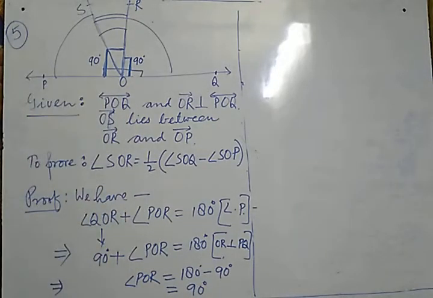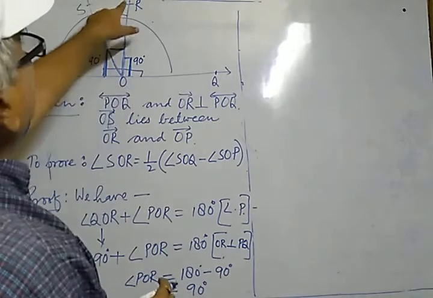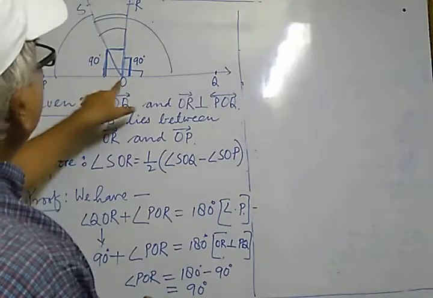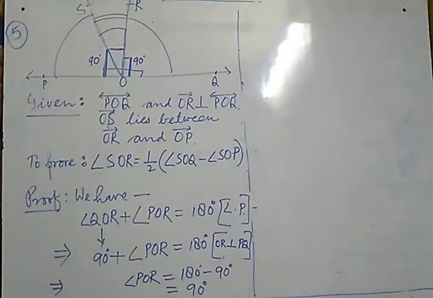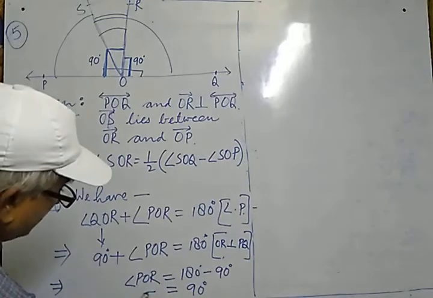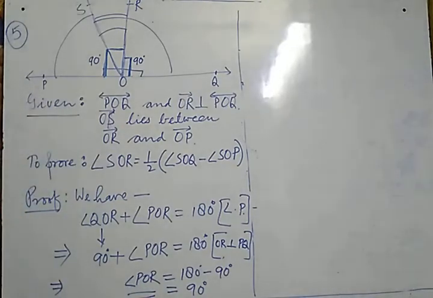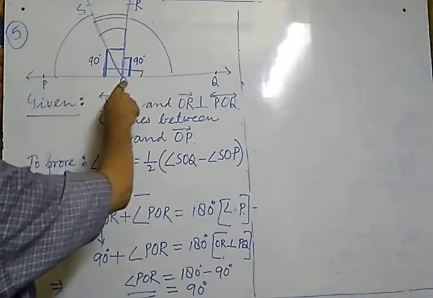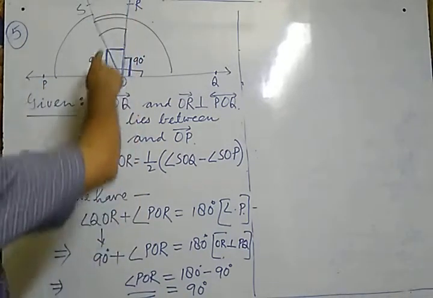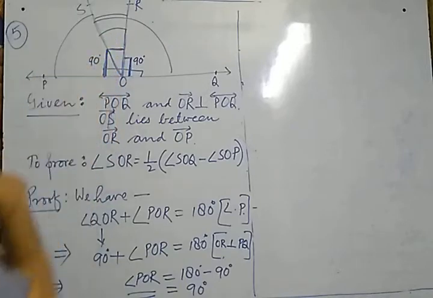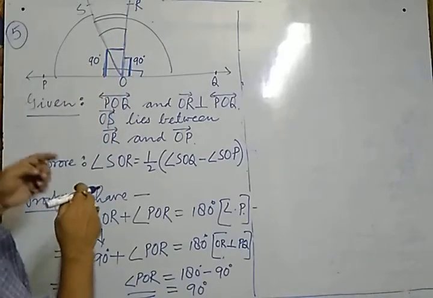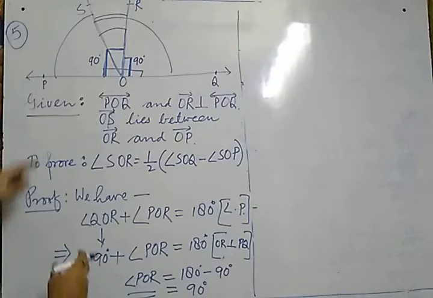Now see, POR, this total angle is 90 degree, and you may observe here POR is the combination of two angles. How? See, angle POR is the combination of this angle and this angle. So we have to note down POR in the form of sum of two angles.